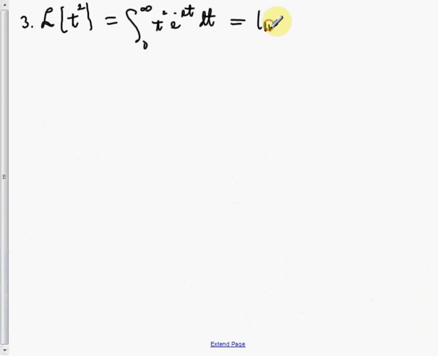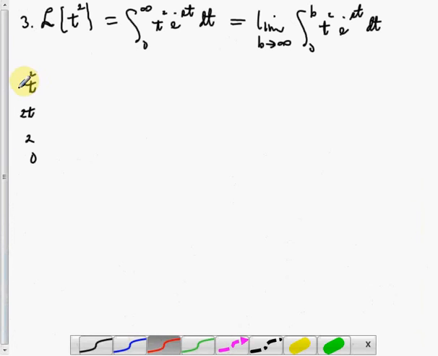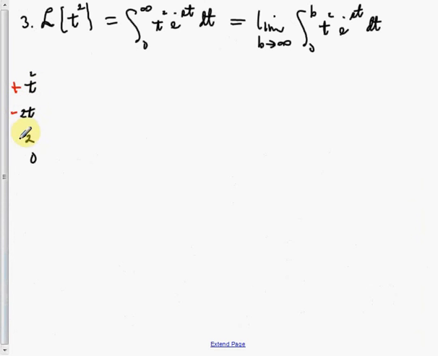We write this as the limit as b goes to infinity of the integral from 0 to b of t squared times e to the negative st dt. So we use the tabular method for integration by parts. We get t squared, 2t, 2, and 0. Alternate the signs.